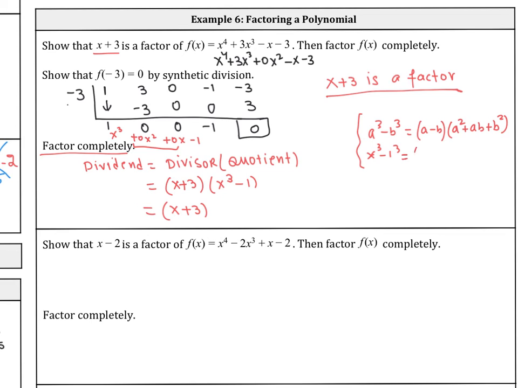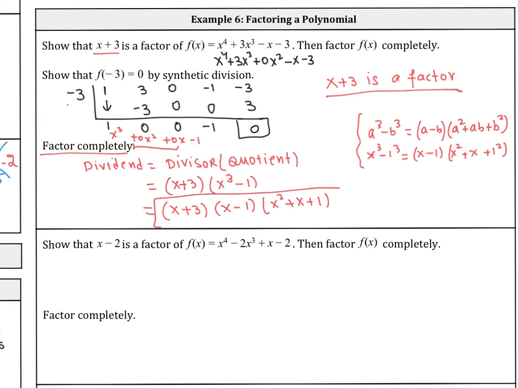And then the complete factors are a minus b, which is x minus 1, times x squared minus x times 1 plus 1 squared. So the factors are x minus 1 and x squared plus x plus 1.